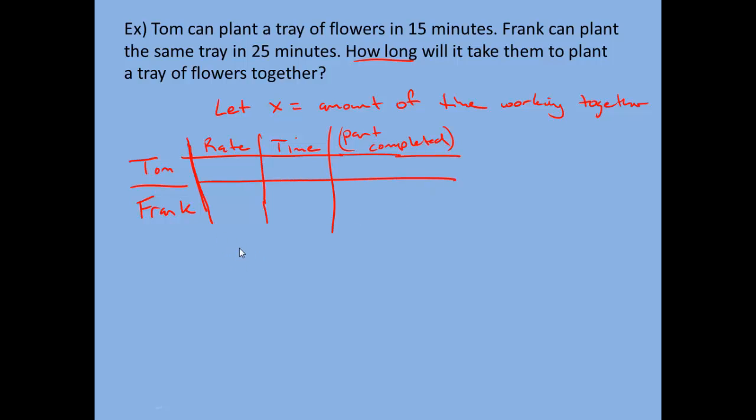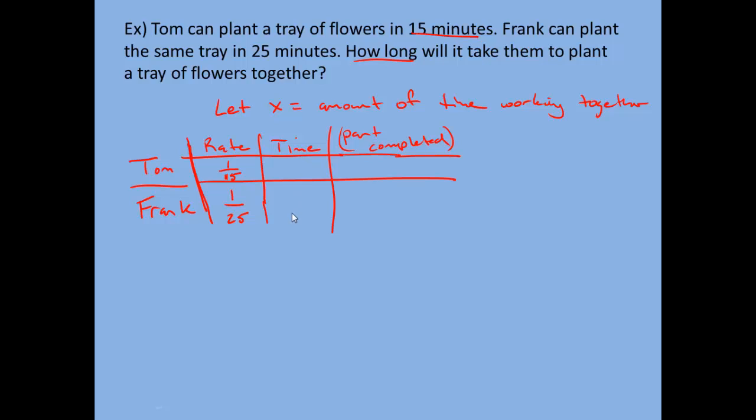And looking at this, we're looking at Tom's rate. Well, it says Tom can plant a tray of flowers in 15 minutes. So his rate, using our fact number 2 from the first page, is 1 over 15. And similarly, Frank can plant the same tray of flowers in 25 minutes working by himself. Well, his rate would then be 1 over 25, right? He plants one tray for every 25 minutes.